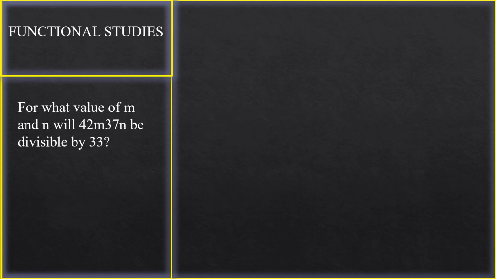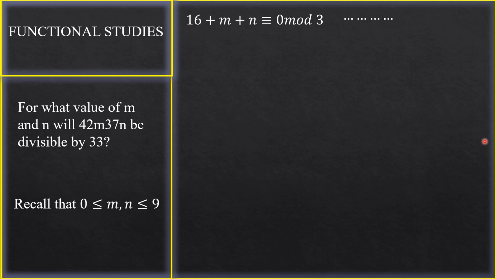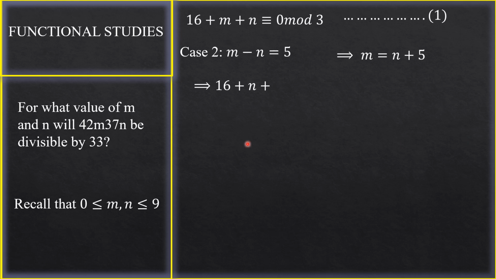So the next case, we recall again this our expression because it's the same argument we use, our case 2 now, copying down equation 1 again. Our case 2 says m minus n can also be 5, so it means that m should be equal to n plus 5. From here we replace in equation 1, that will give me 16 plus n plus 5 plus n is congruent to 0 mod 3.